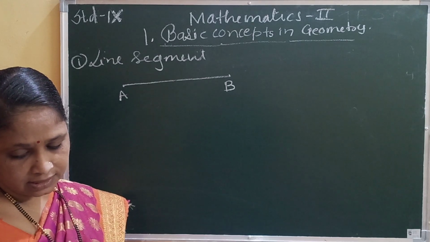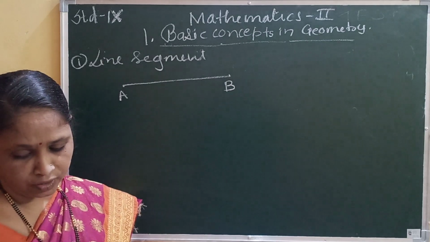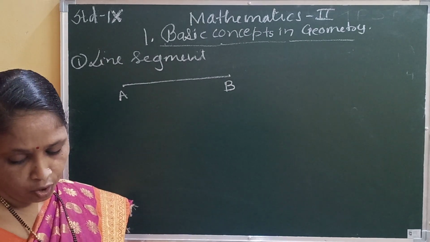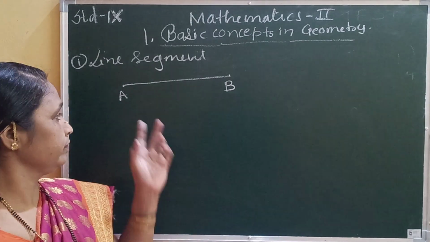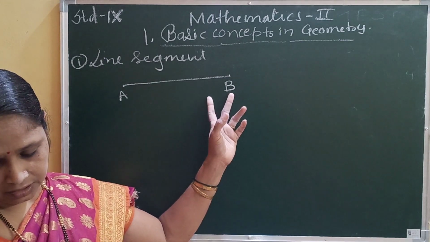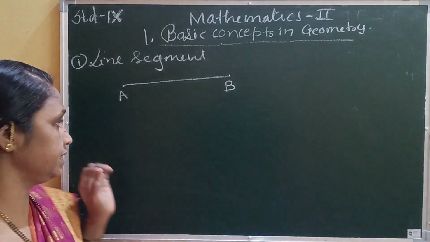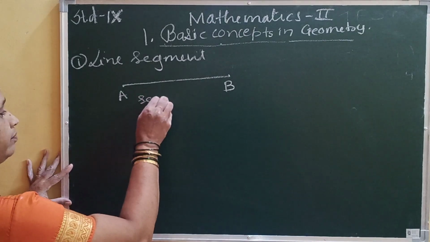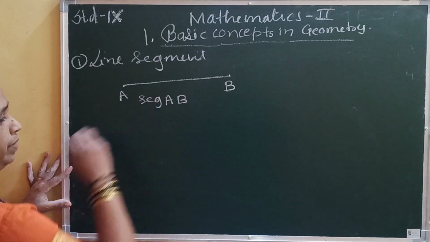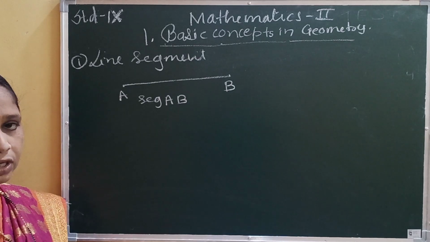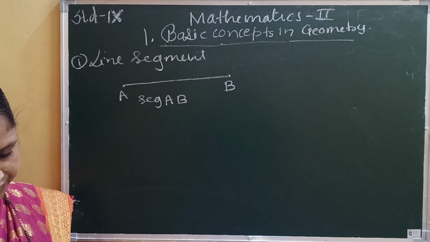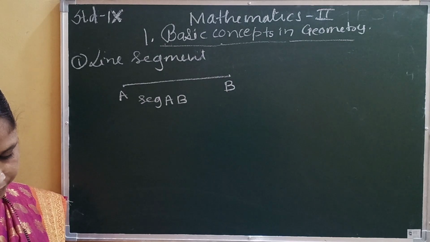How can you define it? The set consisting of points A and B and all the points between A and B is called the segment AB, and it is written as segment AB or segment BA.